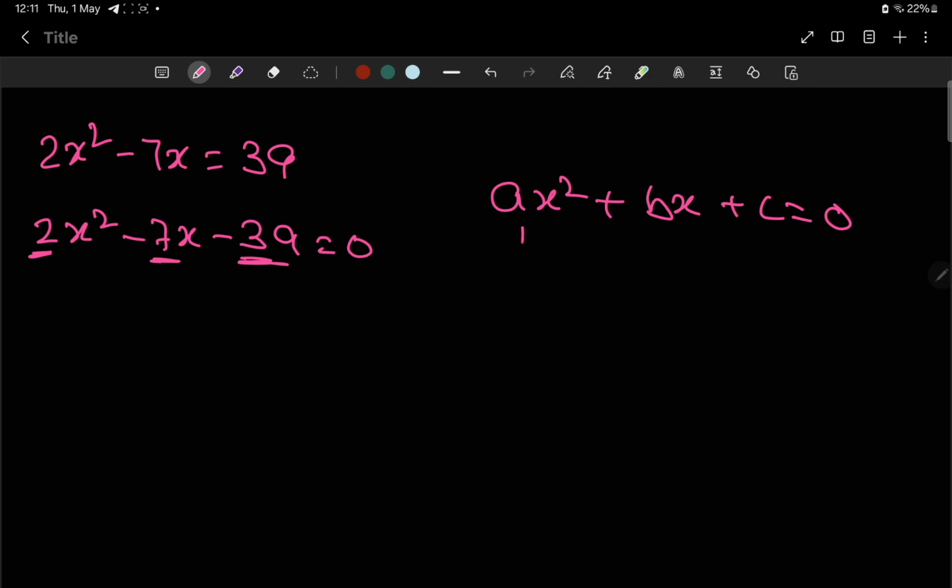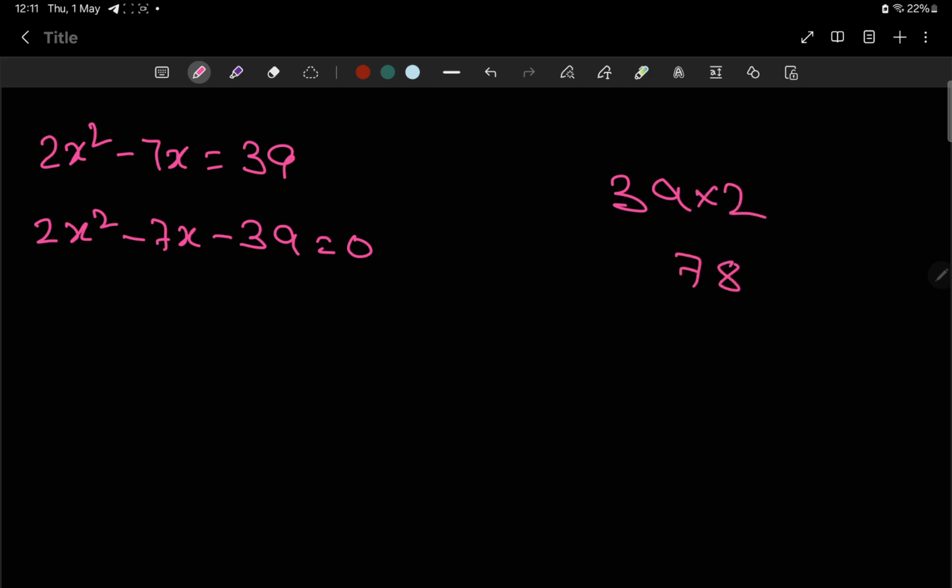We should multiply a and c, and then split the middle term. So what's 39 into 2? 39 into 2 is 78, right? So we should split 78 such that if we add or subtract, we should get minus 7.